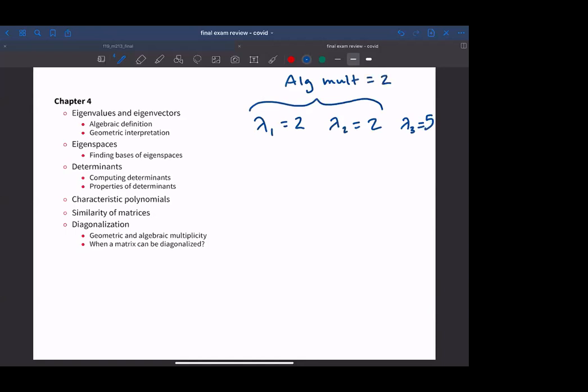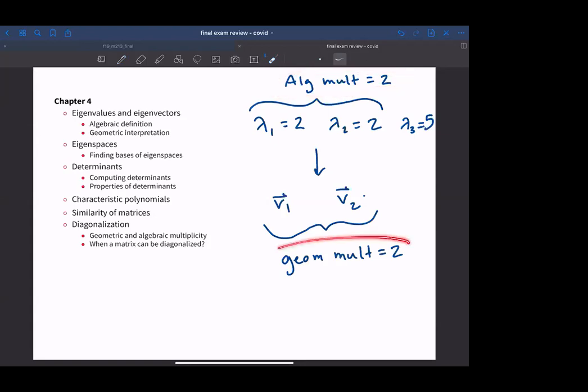Now, when I go looking for eigenvectors, I might get 2 linearly independent eigenvectors, in which case the geometric multiplicity is equal to 2. If the algebraic multiplicity equals the geometric multiplicity, that's good news if you're trying to diagonalize your matrix.